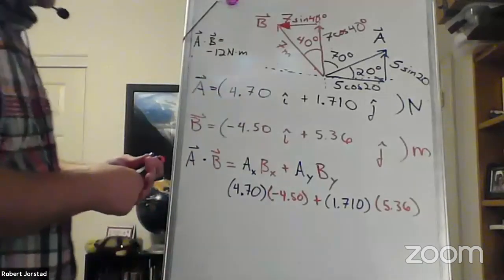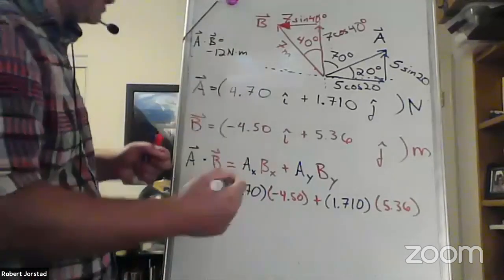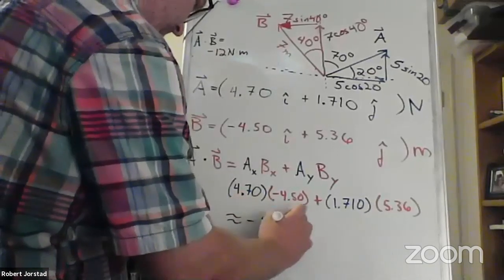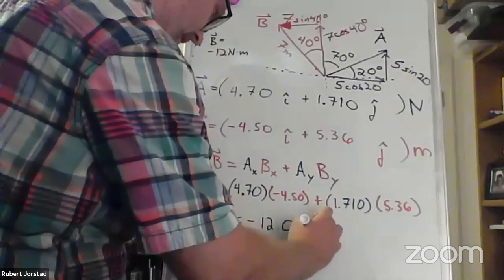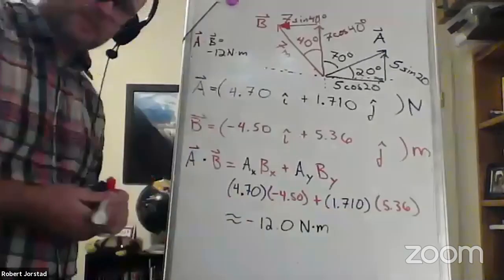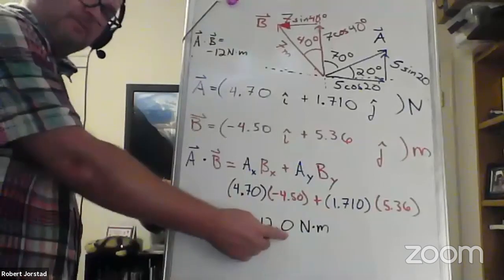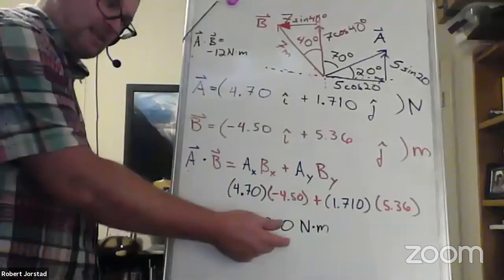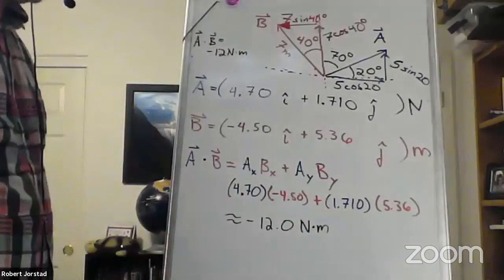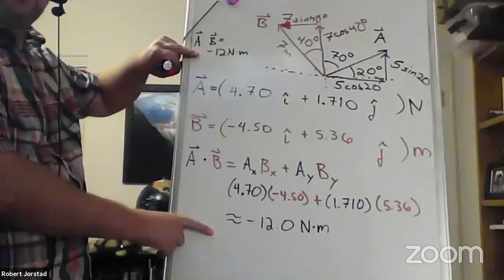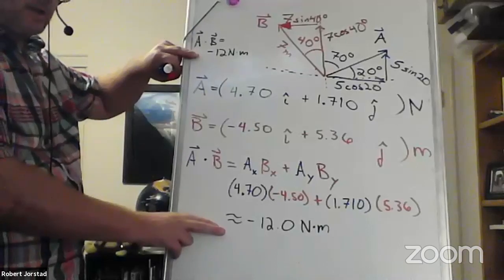So this one was basically negative 12 when I round to 3 digits. So we got lucky. Obviously, the more vectors and the more operations you do, the more screwed up this number is, and the less likely you could trust that third sig fig. And you can see we get the same result, whether we do it with polar or with Cartesian.